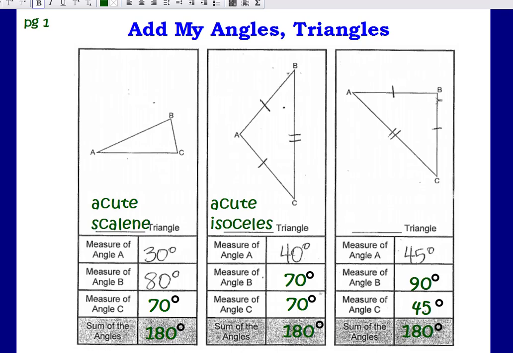One is you could add the 90 plus the 45 and subtract it from 180, which gives you 45 degrees for the measure of angle C. Or you note that this triangle is also isosceles because these two sides are equal. Either way, you'll get the correct 45 degrees. So this one is a right triangle based on its angles, isosceles based on its sides.